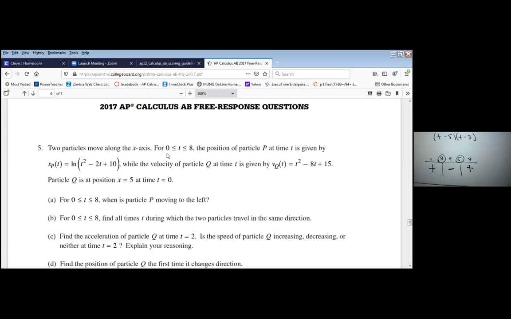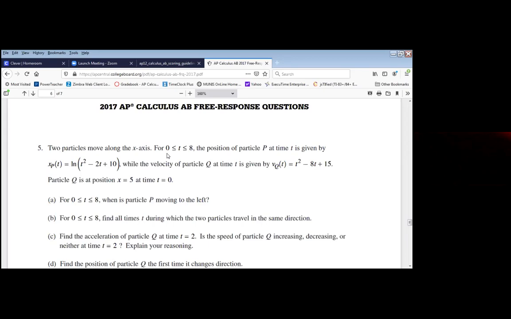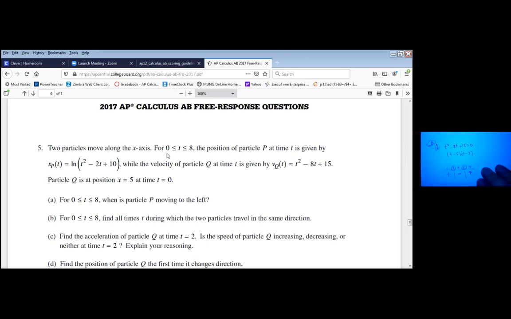All right, now we need to compare these two charts and see where's the overlap. So I'm going to draw a number line for each of these. You can do it however you want, but whenever I'm doing overlaps, I like to do number lines.